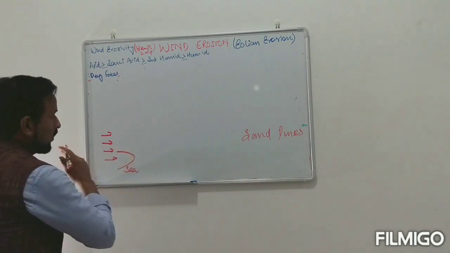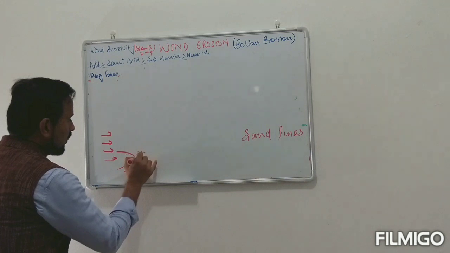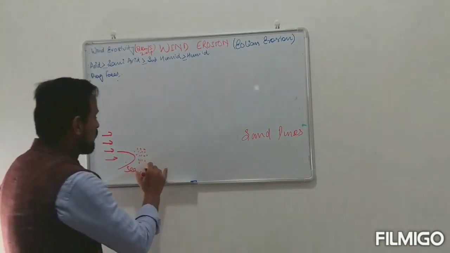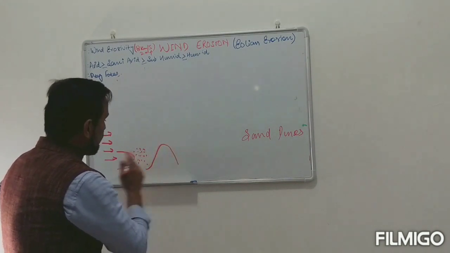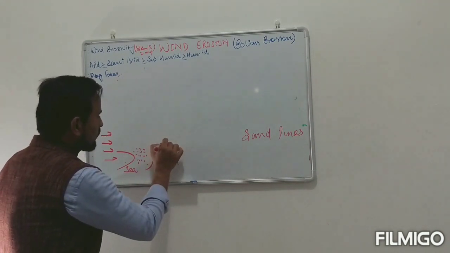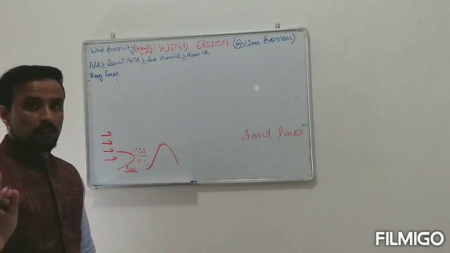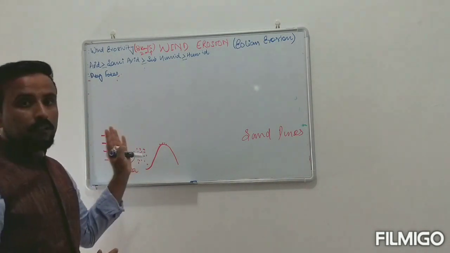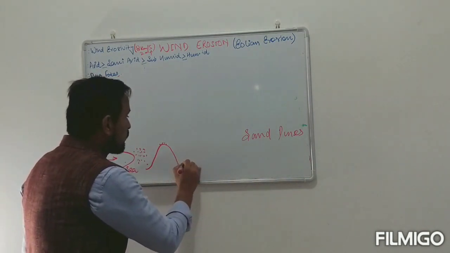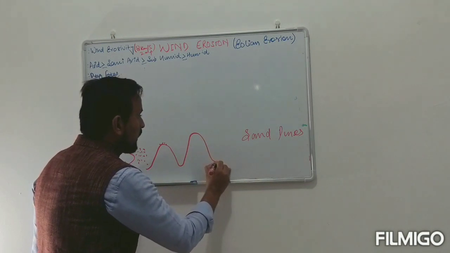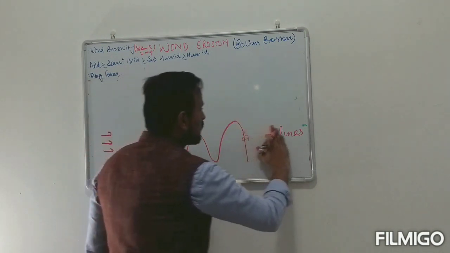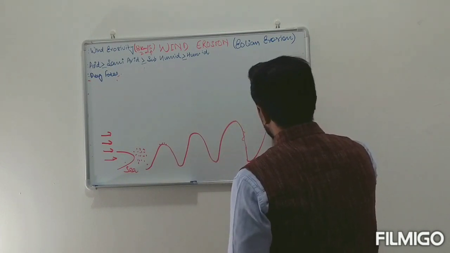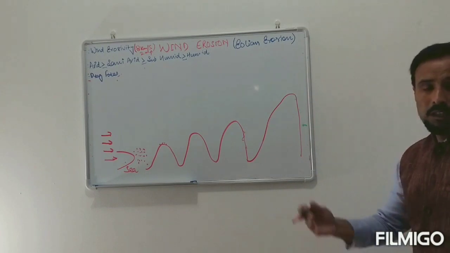So if sand particles are here, slowly they will move and accumulate here, right? First a sand dune, then by the time the wind keeps on moving, sand dunes keep on forming, bigger, then more bigger, and then more bigger, right? This is how sand dunes are found.